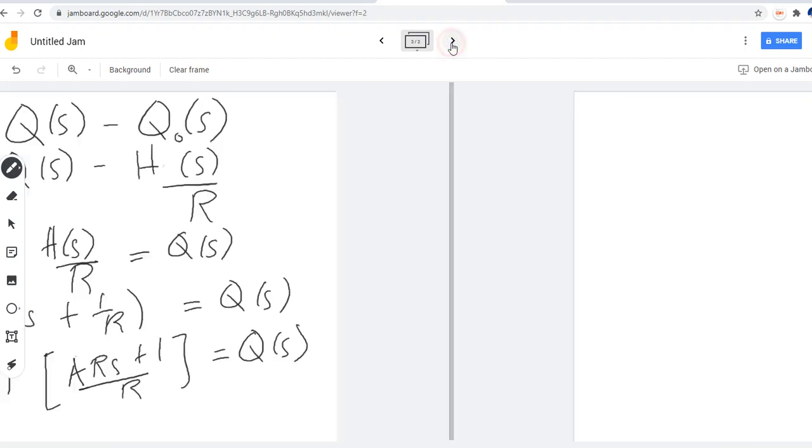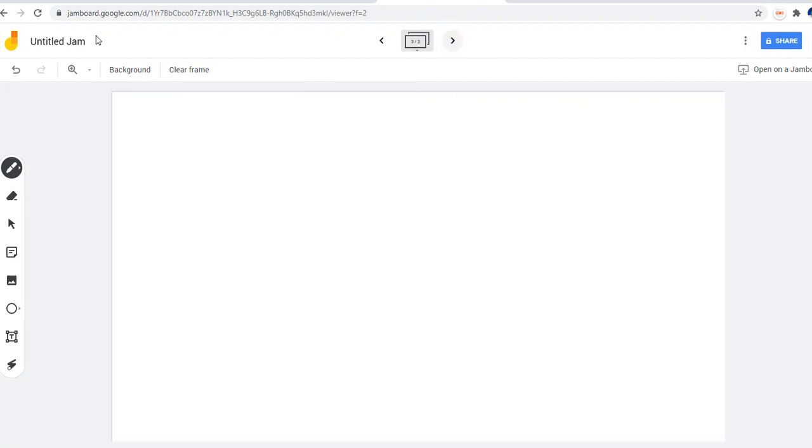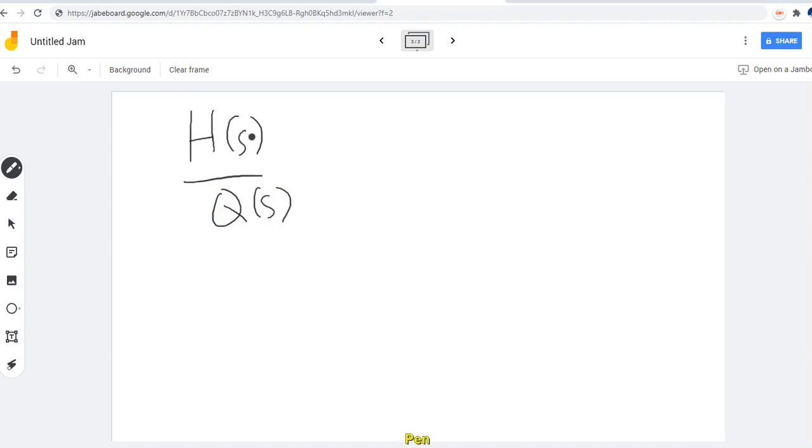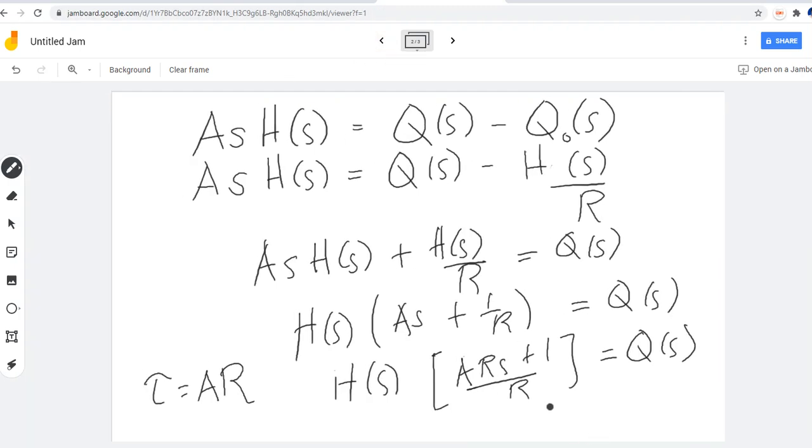In that case, our output is the head, and our input is the Q, because your Q is changing and it will bring about a change in the level, and that would be equal to, if we go back here and transfer the Q of S, this one goes there and this one goes here.